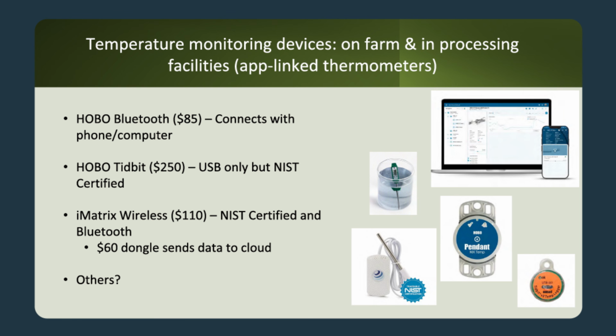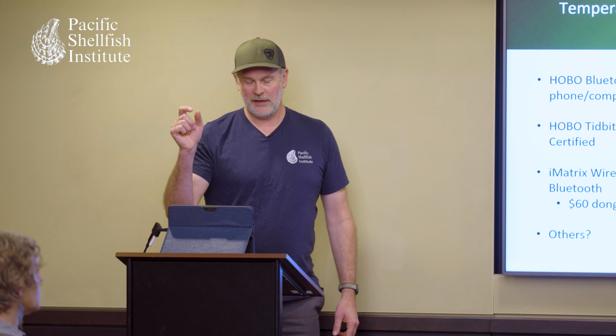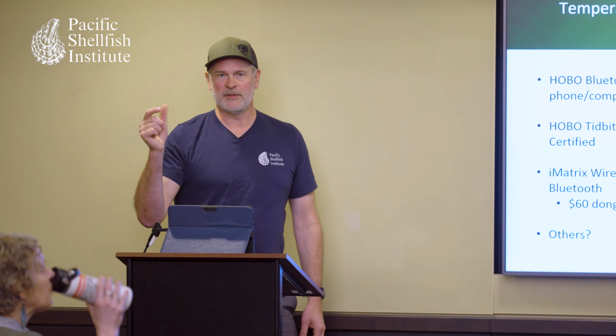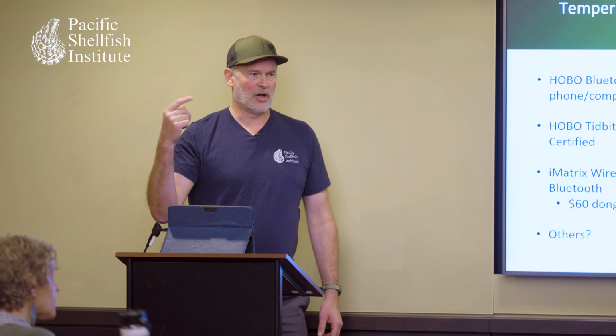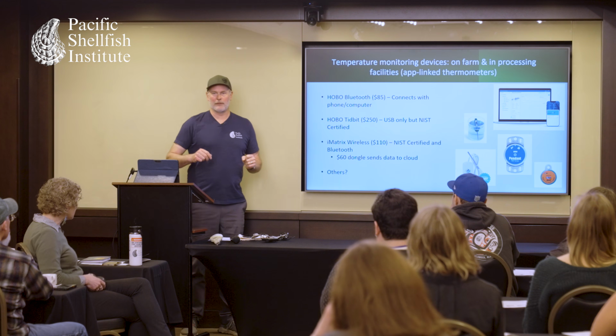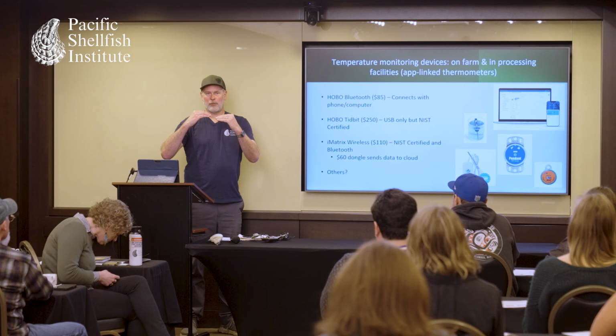I did stumble across the iMatrix wireless solution, which is kind of cool. It's pretty cheap. It's NIST certified and Bluetooth. So you have a little dongle that'll connect to the internet and it'll give you the same type of service as the Cole Palmer instrument does. So it'll give you alarms, real-time data wherever you want it. There's lots of different tiers of water quality monitoring.